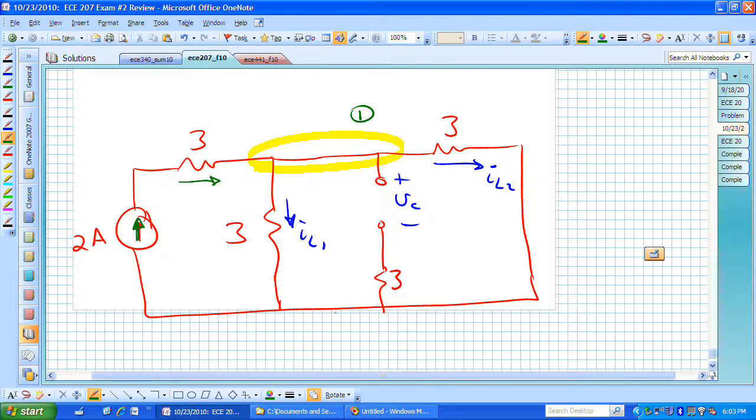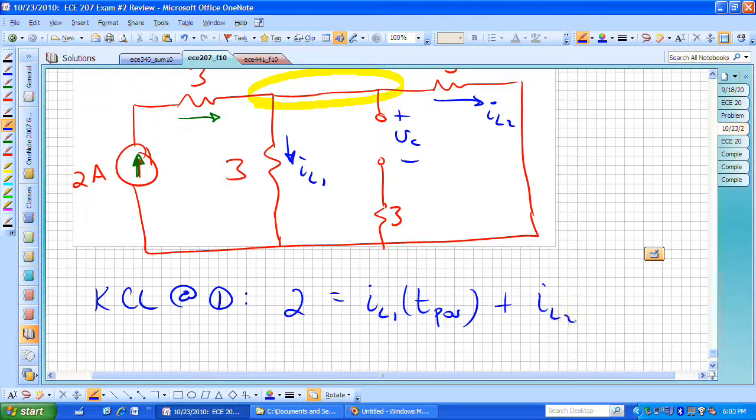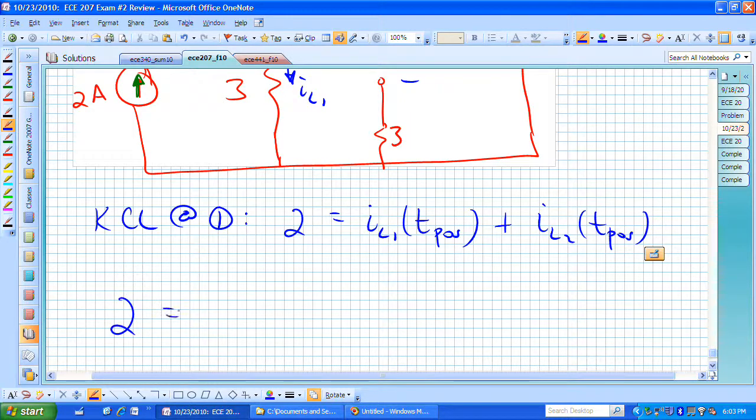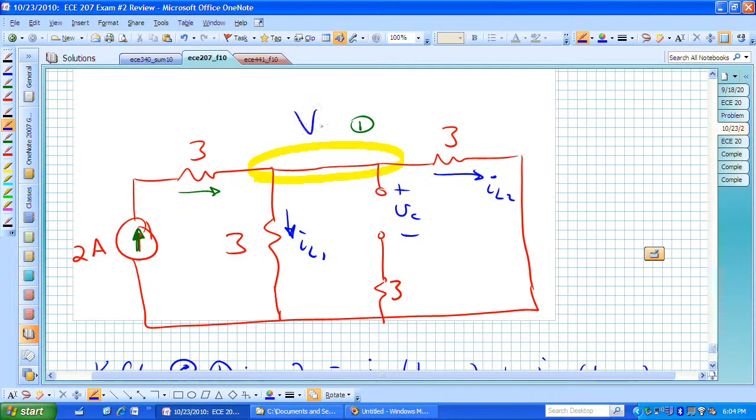I have I sub L sub 1 coming out and I sub L sub 2 also coming out, meaning if I now write KCL at node 1, I can say that 2 is equal to I sub L sub 1, this is for t positive, plus I sub L sub 2 at t positive. And I simply need to rewrite those in terms of V sub 1. This is now, well, let's call it V sub 2 just to make it unique from the previous problem, but it's a constant voltage now.